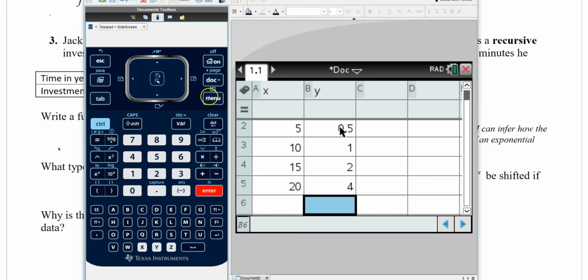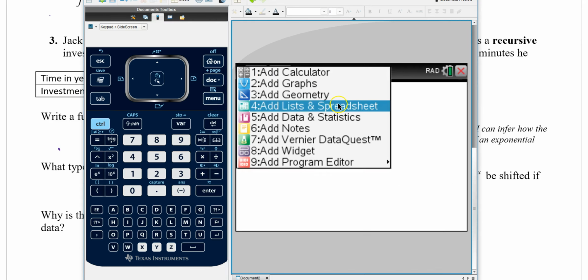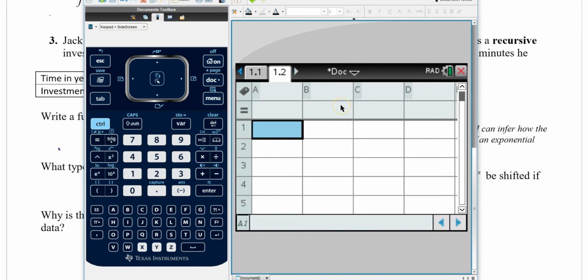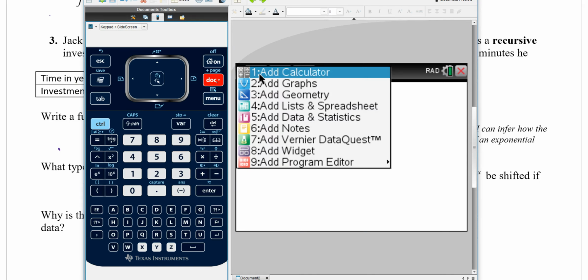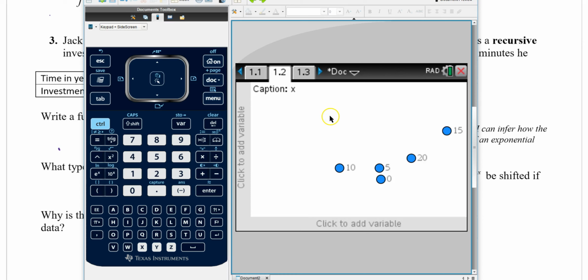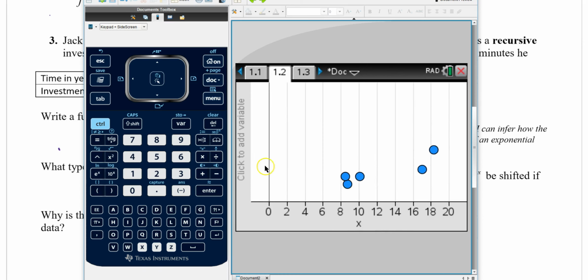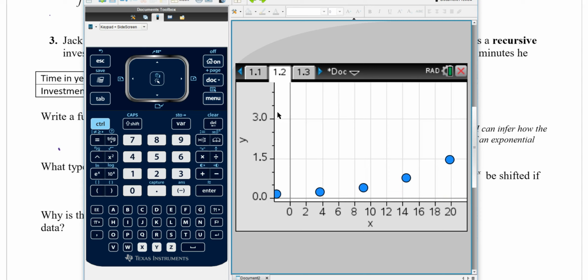And then if we graph that, so we're going to make a new page, list and spreadsheet, like we've done. Sorry, not list and spreadsheet. New page, data and statistics. We pick our variables, and we look at that.